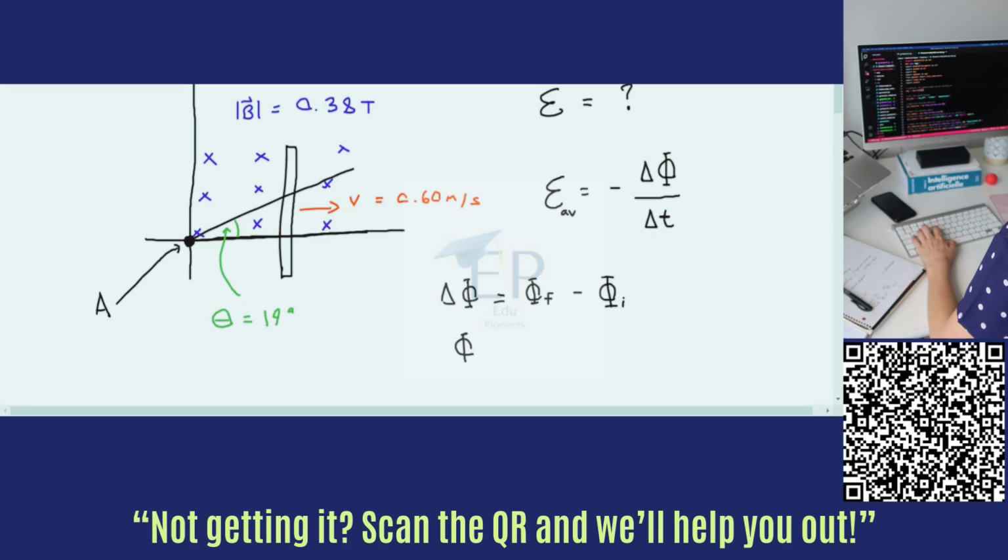In general, our equation for the flux is going to be B times A times the cosine of the angle between the magnetic field and our surface normal, which in this case is just going to be 0 at all times. So the flux is just going to be B times A, where in this case, this is the area of a triangle. So it's going to be B times 1/2 base times height, which is the area of a triangle, where the base and the height are going to change with time.